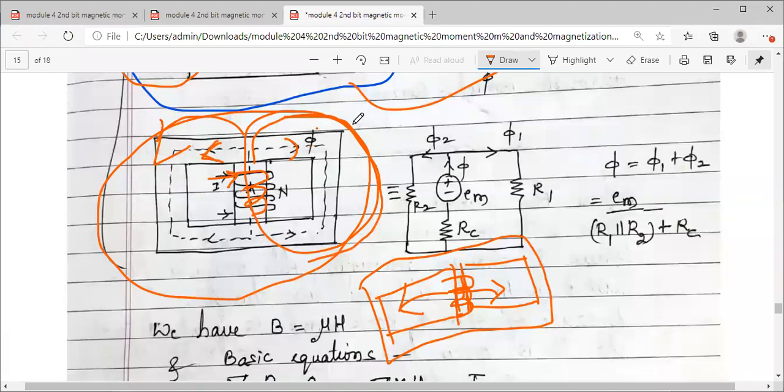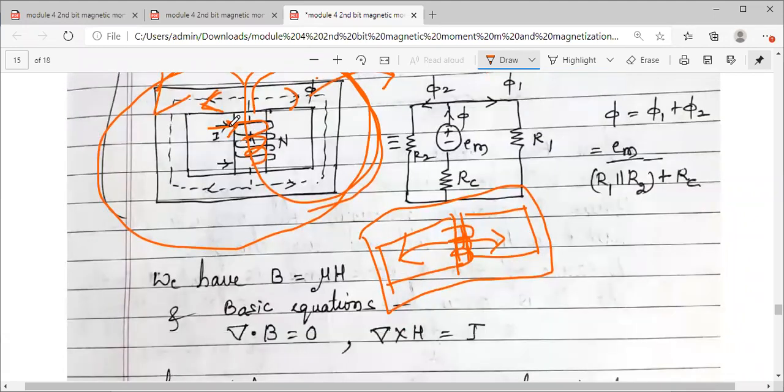So if I want to draw an equivalent circuit for this, at the center portion you have the coil, number of turns and current. So at the center portion of the circuit, I will have mmf. Okay. And because of this, the core will have certain reluctance, opposition. So this is common, and there is a certain flux. ये center portion पे है. But if you see both left side and right side, there are two different fluxes in different directions that I have added.